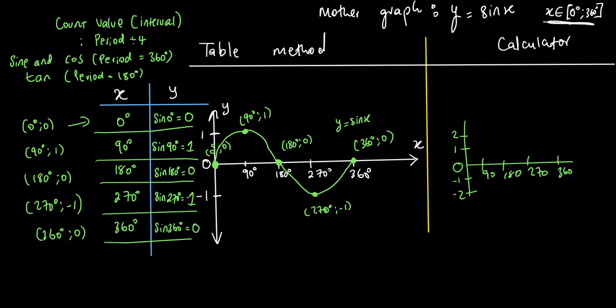The next one is the cosine graph. So we're going to sketch the mother graph of all cosine graphs, which is y equals cos x. Similarly, just like we did last time, we draw a Cartesian plane here.